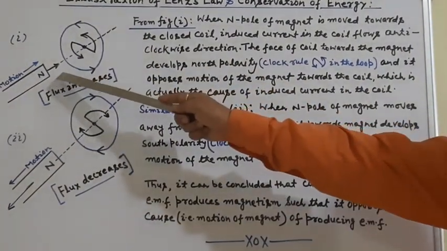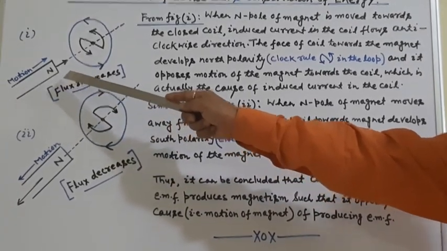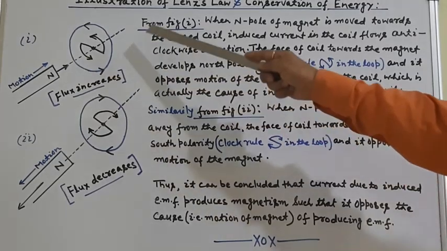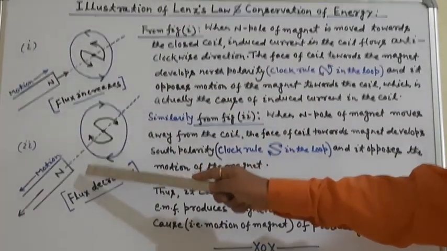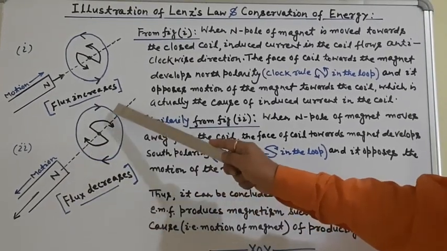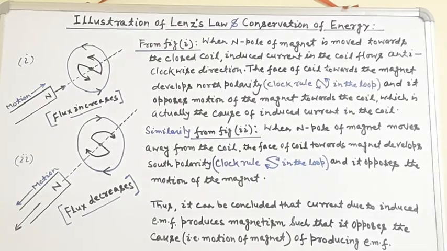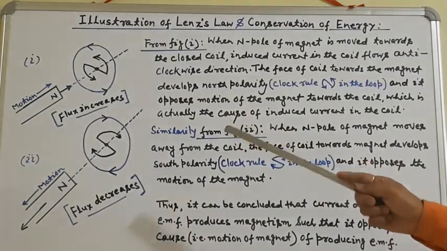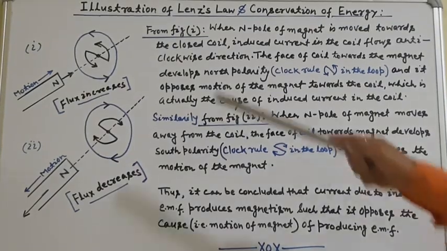In figure 1, as shown, the north pole of a magnet moves towards a closed coil. And in figure 2, the north pole of the magnet moves away from the coil. Due to the change in magnetic flux linked with the coil, why change in magnetic flux?